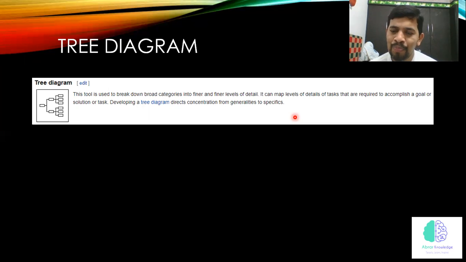It can help map the level of detail of tasks that are required to accomplish a goal or solution or task. Developing a tree diagram directs the concentration from the general to the specific. So you take all general ideas into very specific ones, right?